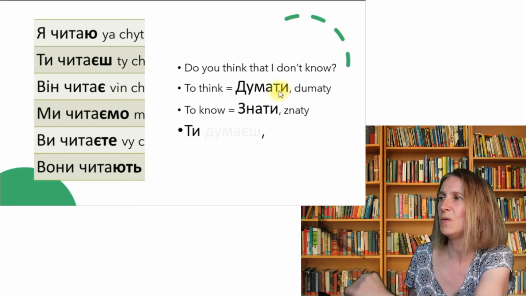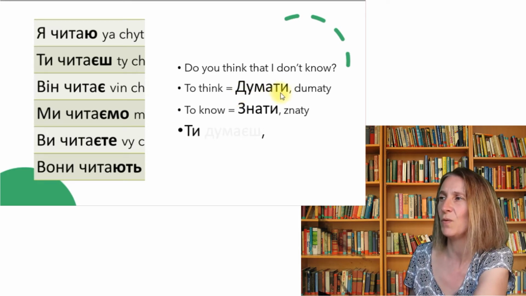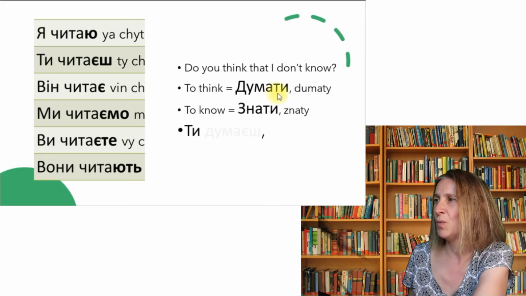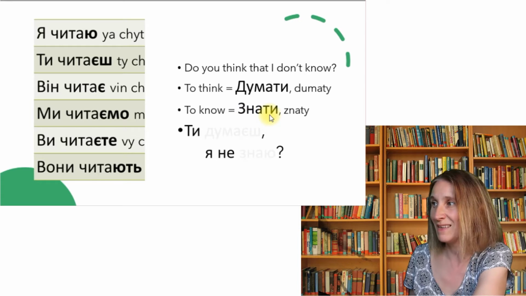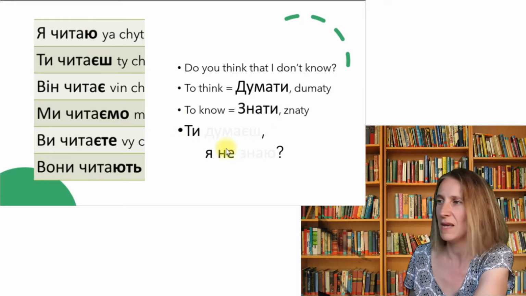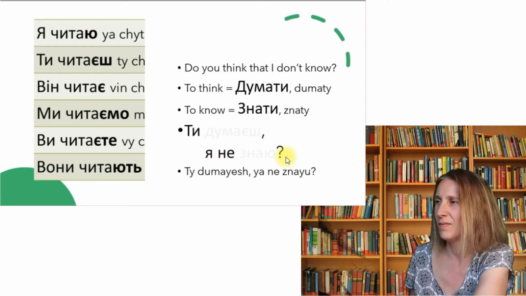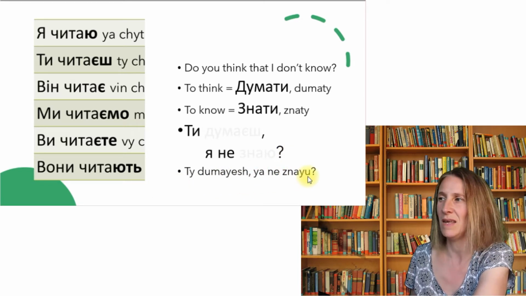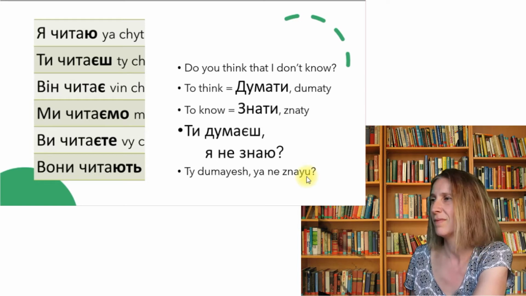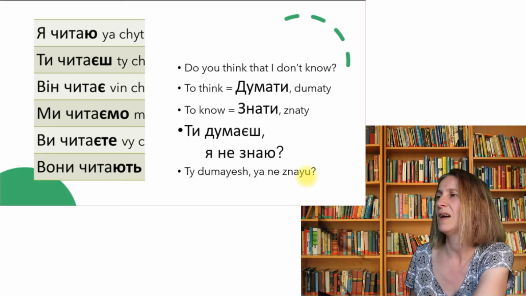So we're going to lose the ти of думати: думаєш. And then "I don't know": знати, we're going to lose the ти and put ю on the end. Я не знаю. Ти думаєш, я не знаю.